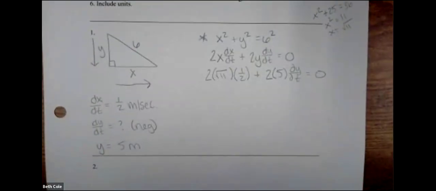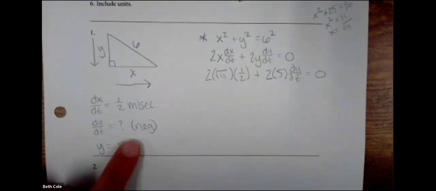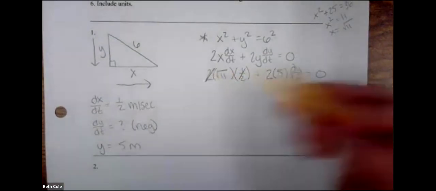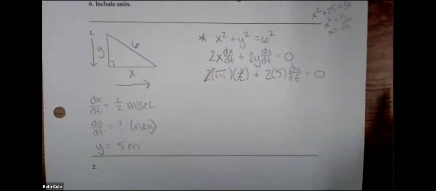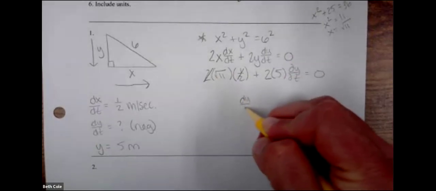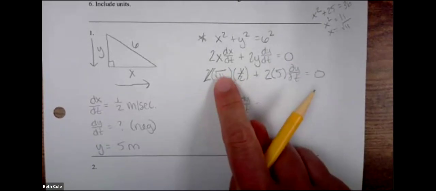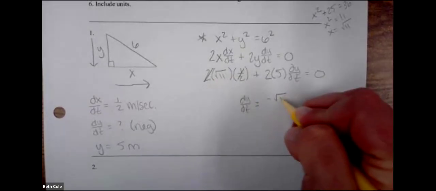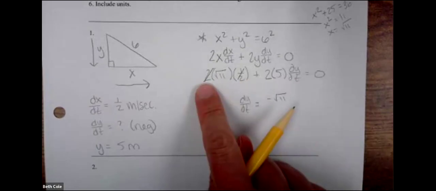And now we're going to solve for dy/dt. And hope that we get a negative answer. All right, this 2 and this 1/2 will cancel. What would we start doing to get dy/dt alone? This is our algebra here. Yeah, we're going to subtract this square root of 11 over, so it'll be negative square root of 11. Wait, why do the 2 and 1/2 cancel?